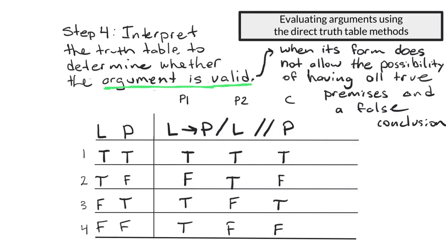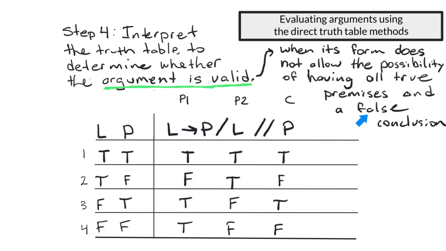Remember, it's a matter of form, not a matter of content. So no matter what L and P stand for, you could switch these letters out to P and Q, A and B, anything. But if it has this form where you have a conditional in the first premise, the antecedent of that conditional in the next premise, and then the consequent of that conditional in the conclusion, this form would apply to any argument that has this type of form, no matter the content.